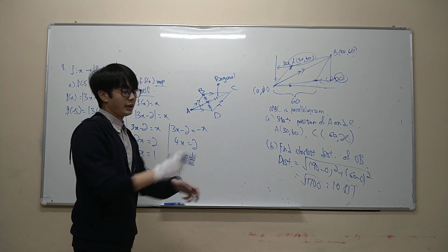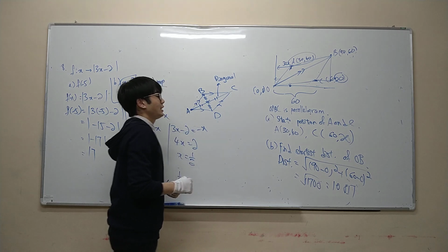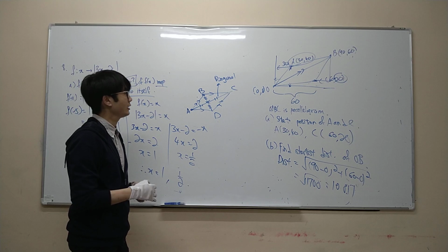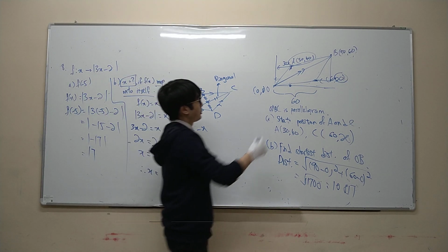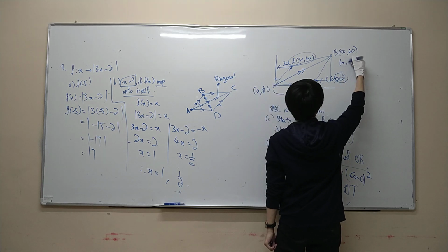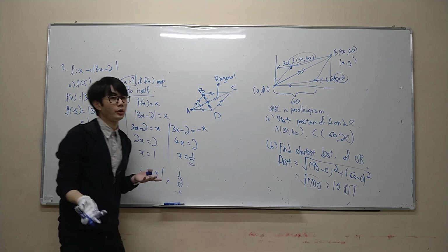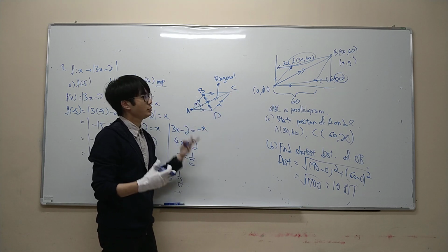Okay, done. I want to add a bit more. Actually there is another way, a bit more complicated. Not complicated, but for point B, you can also use the midpoint formula that I just taught here. Remember I said the midpoint of AC equals the midpoint of BD? We can use that.